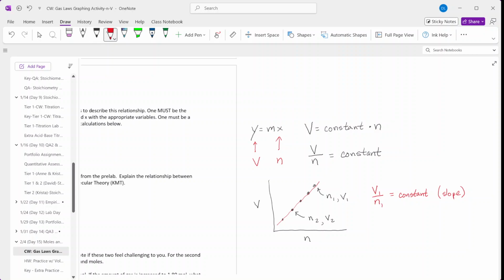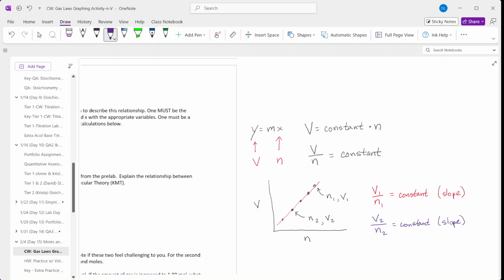Now, let's use a different color here. If we look at V2 and divide that by N2, that also equals a constant, based on the equation we derived above, and this is equal to the slope.